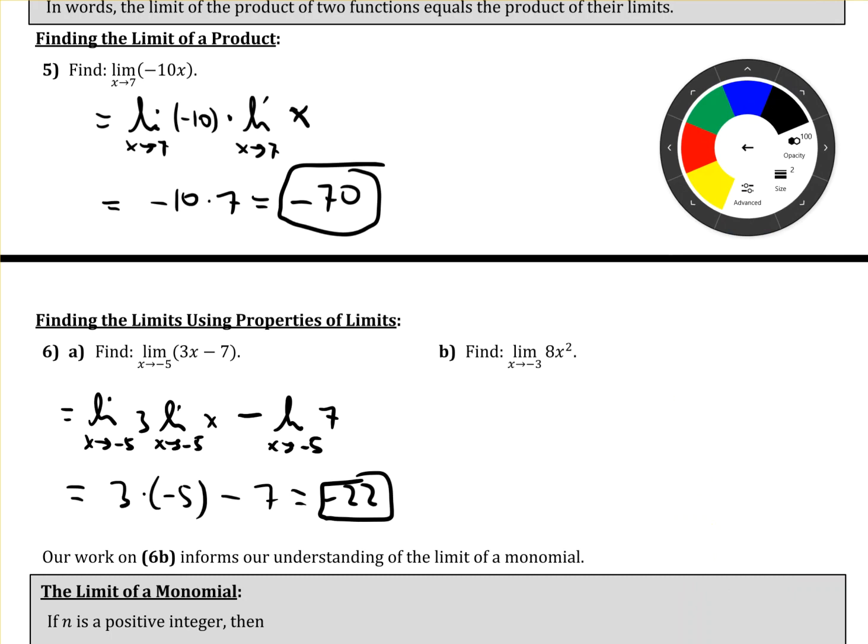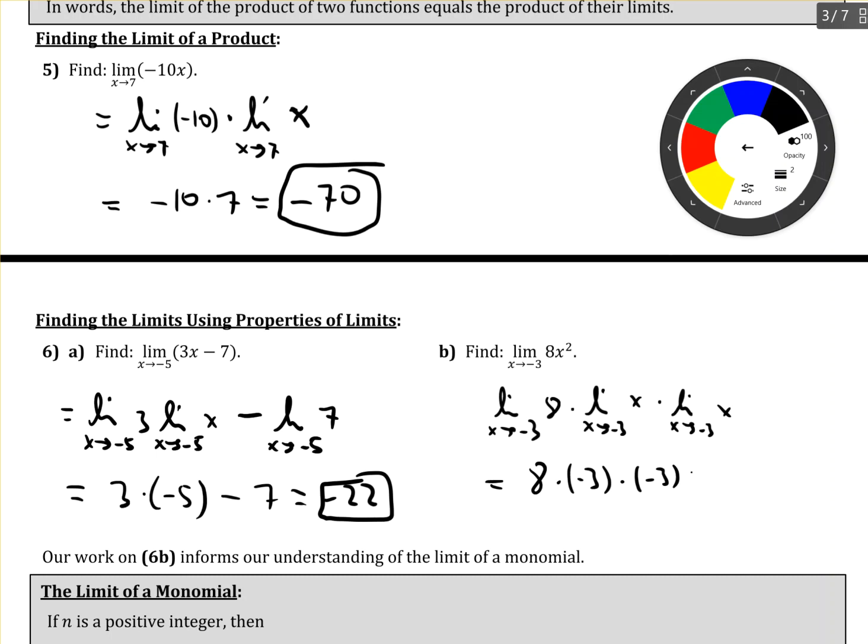Well, that's limit as x goes to -3 of 8 times limit as x goes to -3 of x times limit as x goes to -3 of x. And that's going to equal 8 times -3 times -3, which is equal to 72.